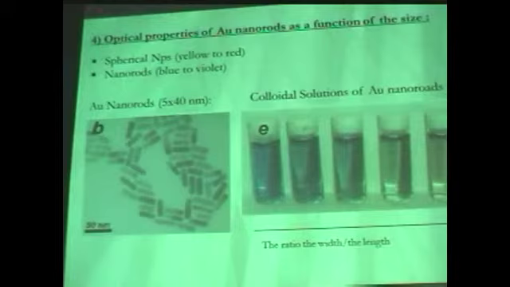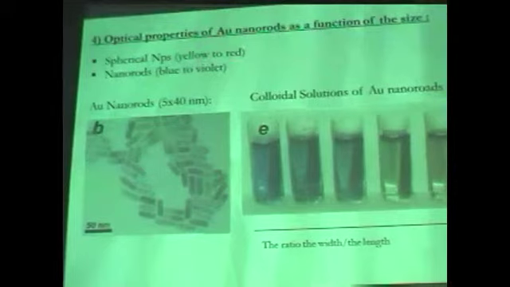This fourth example concerns the optical properties of the gold nanorods as a function of their size. The spherical nanoparticles, in the preceding slide, are yellow or red.